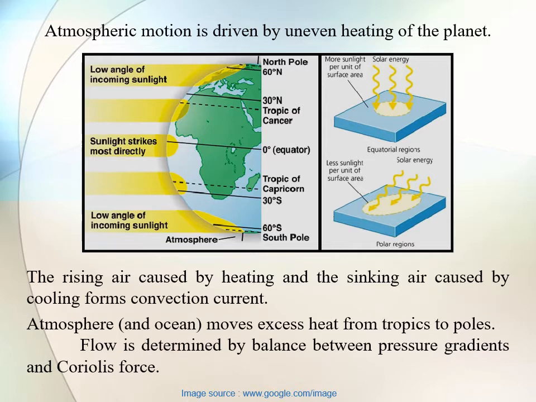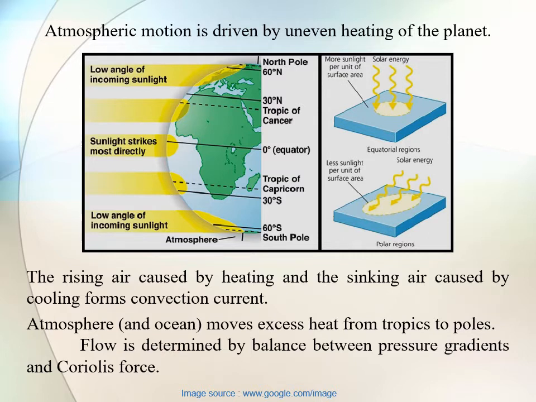Now, due to this temperature difference, a general circulation was found to occur, that is from the low pressure zone at the equator towards the high pressure zone at the pole, or you may say it otherwise, that is from the high pressure zone at the two poles towards the low pressure zone at the equator.